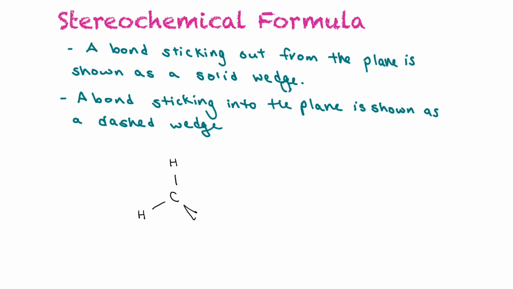Then we would draw a solid wedge to show that it's coming out of the plane, and then a dashed wedge showing that it's going into the plane to represent that tetrahedral shape. Now, if we were to draw ethene, it would look like this because it's taken the trigonal planar shape. Instead of drawing the hydrogens at right angles, we draw them this way to show the 120 degree angle.